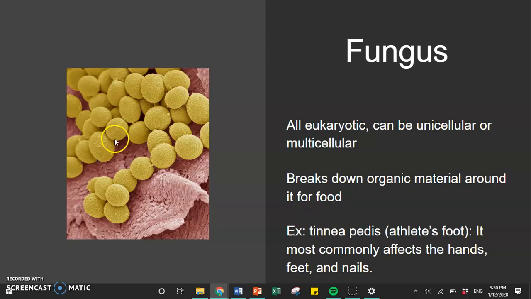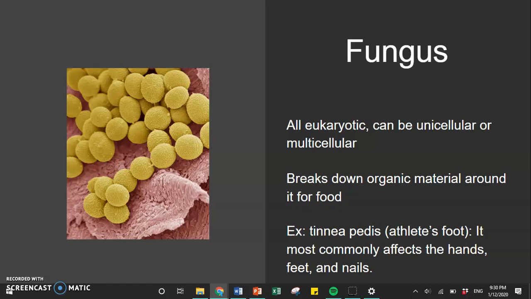And this fungus that we're talking about, to give you a little context, this is skin on your foot, and this is the fungus Tinea pedis, which is athlete's foot, and it commonly affects hands, feet, and nails.